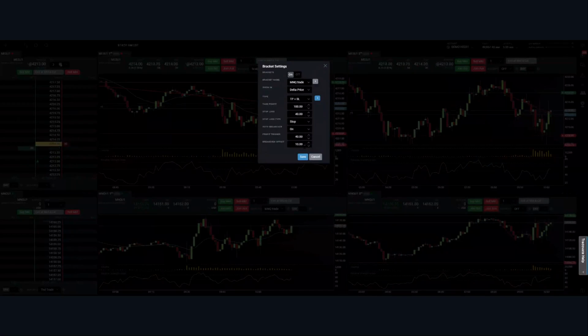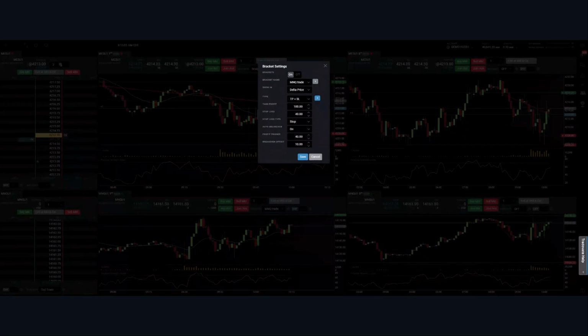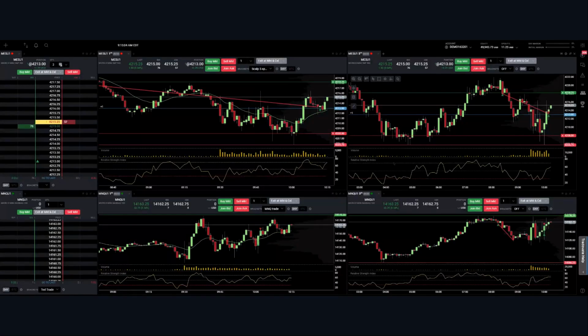But anyway, once it goes to 40, basically it sets your break even, and I think it's 10 below 40. I think that's what the offset means. But Tradovate has really good tutorials, not great tutorials, but good explanations of certain things, and you can look it up in Tradovate for these types of brackets here, and it'll give you the detail of it.